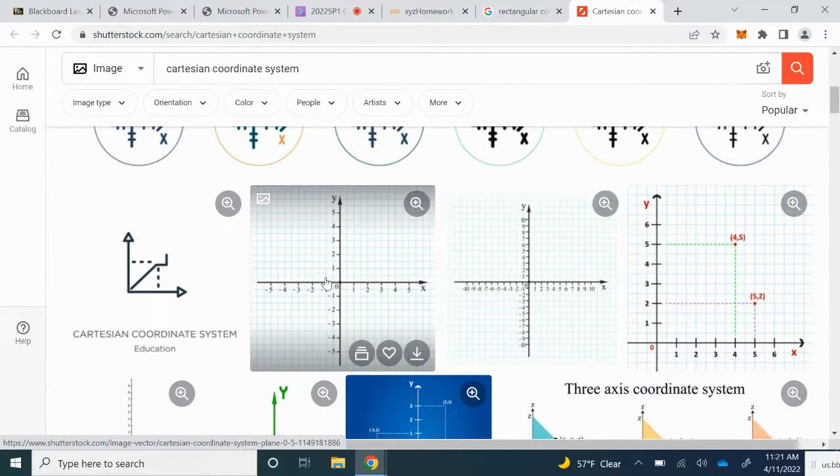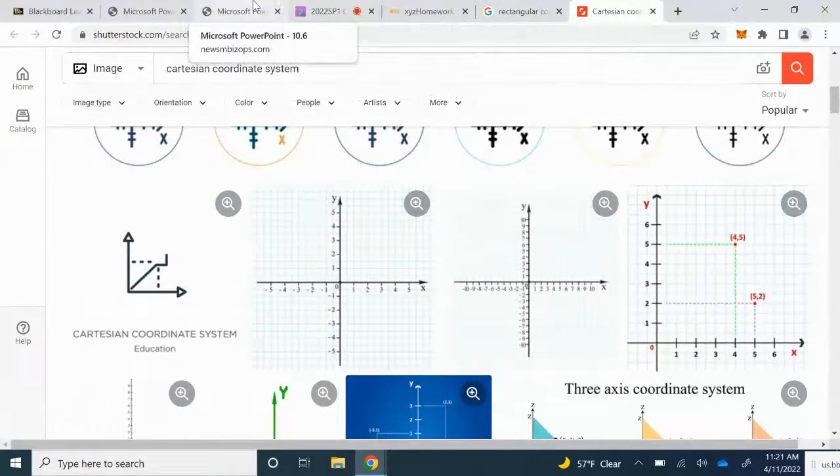Just notice there's two axes. We have the horizontal axis, which is the x-axis, and the vertical axis, which is the y-axis. We can determine the location of any point in this coordinate system by an ordered pair, in the format x comma y. x would be the horizontal movement and y would be the vertical movement.